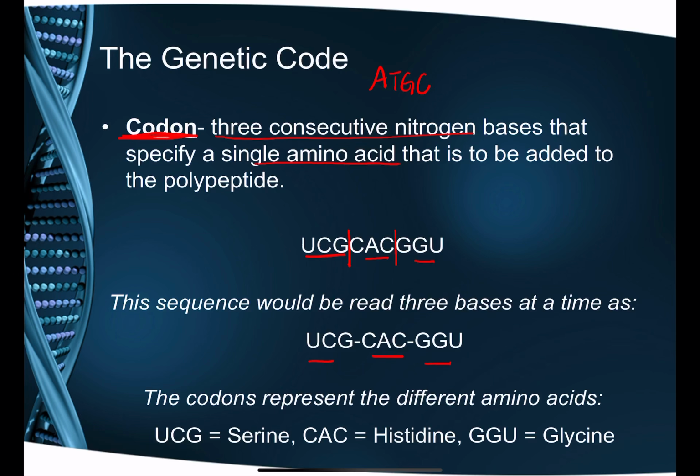And then each of those 3 codons code for a different amino acid. UCG makes the amino acid serine. CAC makes the amino acid histidine. And GGU makes the amino acid glycine.